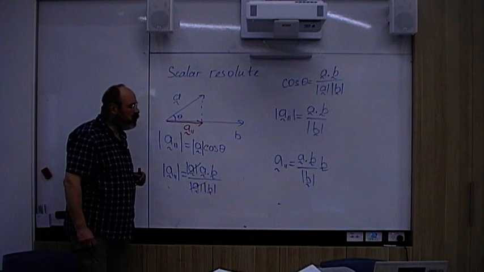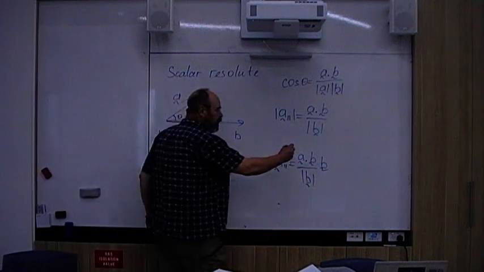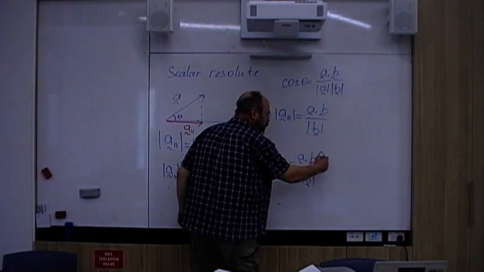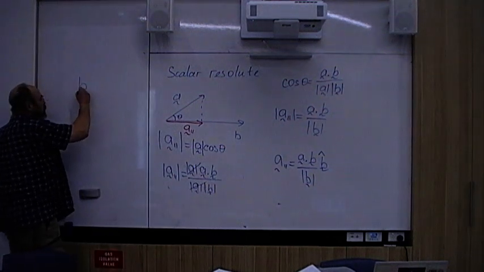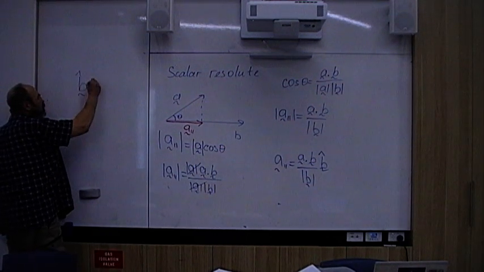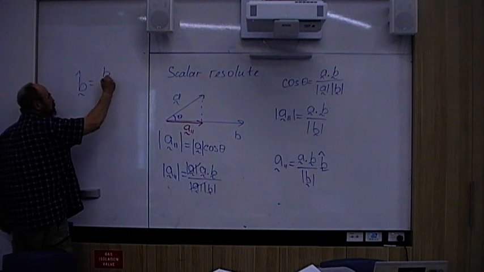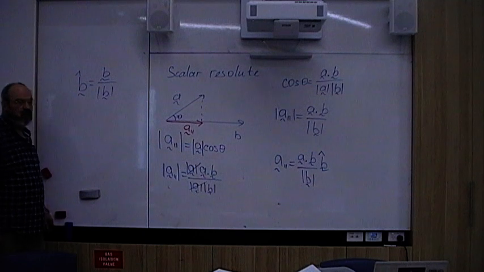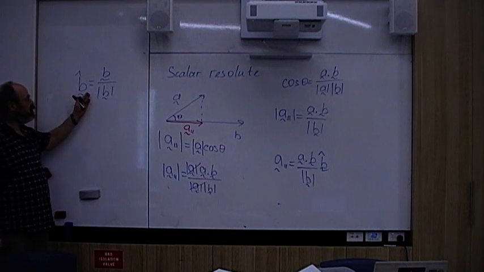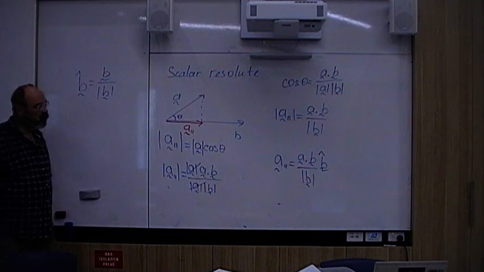How do we find a unit vector? Reminder: a unit vector equals the vector divided by its length. It's a vector in the same direction as B with a length of 1.